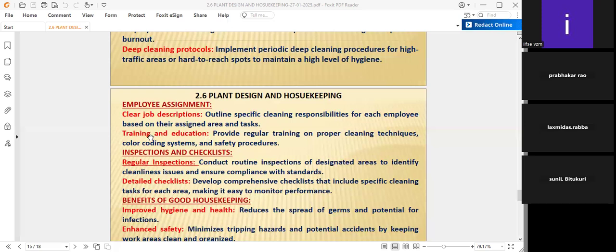Training and education. Everybody knows what training is; what is education here? Whether the trained people are using their training contents in their process areas or maintenance areas or not, that way we have to take feedback from the respective heads of departments, whether the employee attended such and such programs this year and what his performance is in their activities.